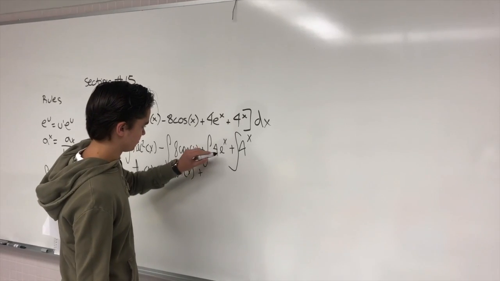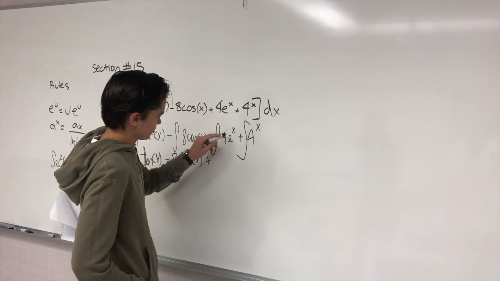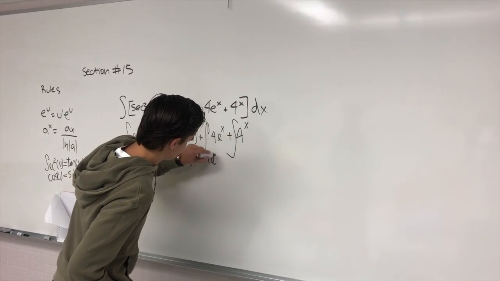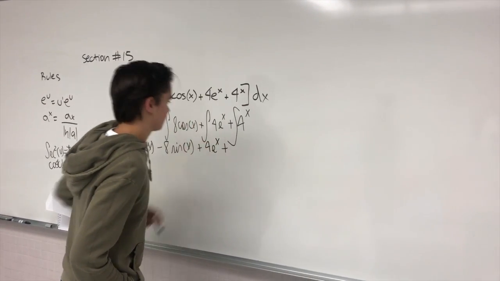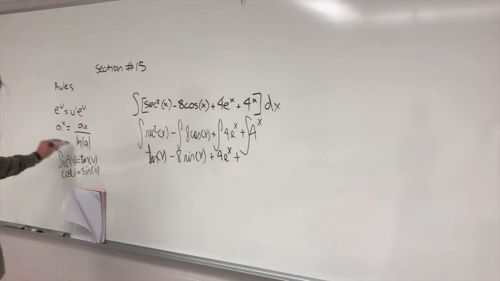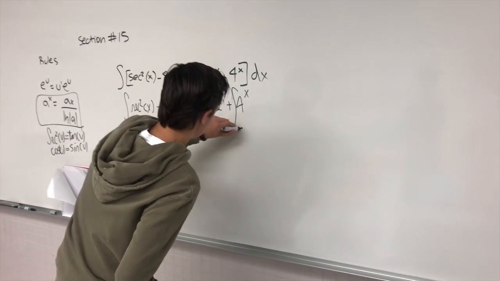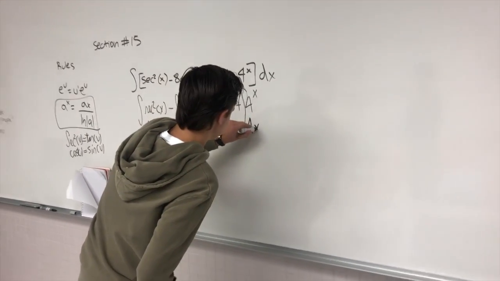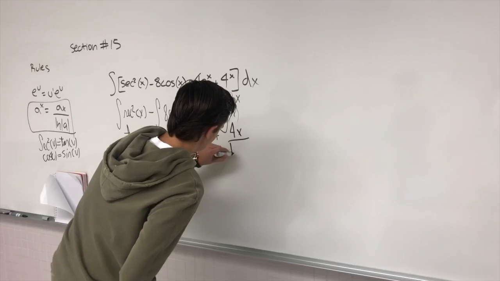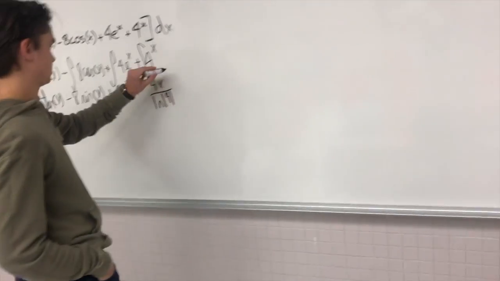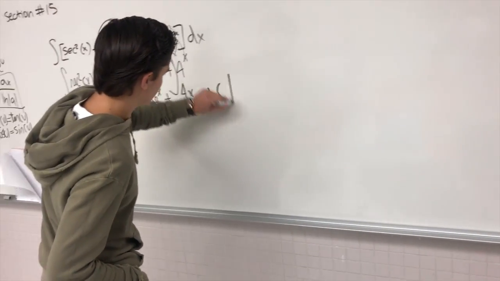Then for this part, the derivative of x is 1, so it stays the same. And for the next one, we use this rule, and we got 4 to the x over ln of 4 plus a.